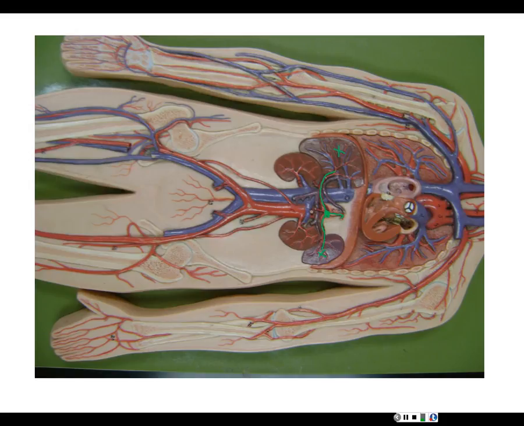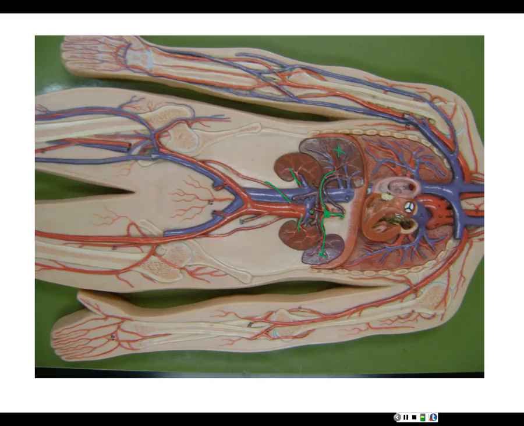The next branch inferiorly on the abdominal aorta is going to be your superior mesenteric artery. And on this model, it appears no more than a stump without any of its branches. The third branch is a paired branch, one going to the right and one going to the left to the kidneys. Those are your renal arteries.